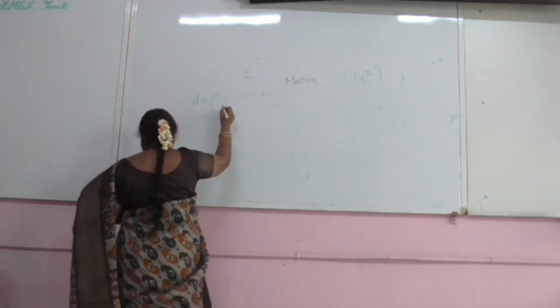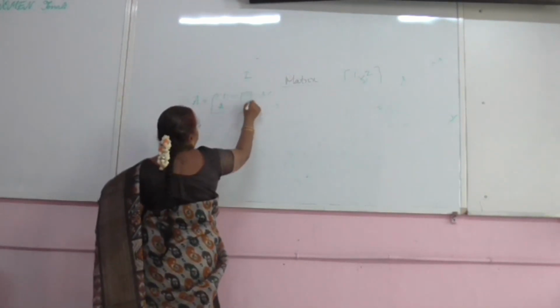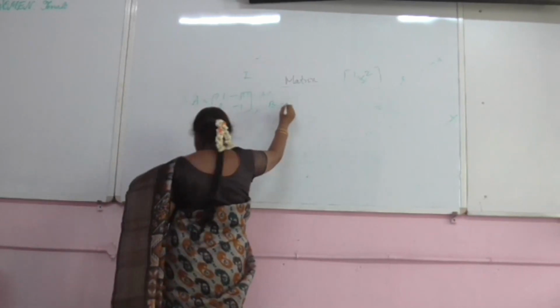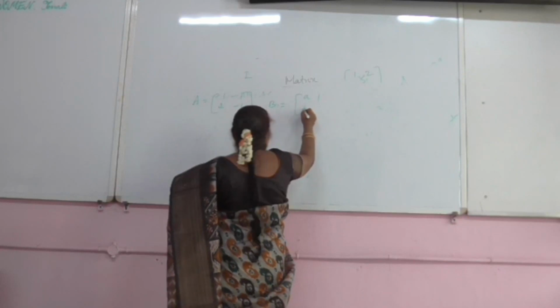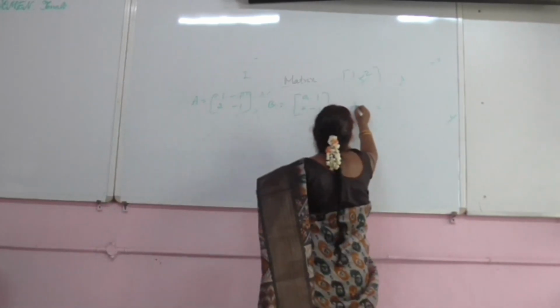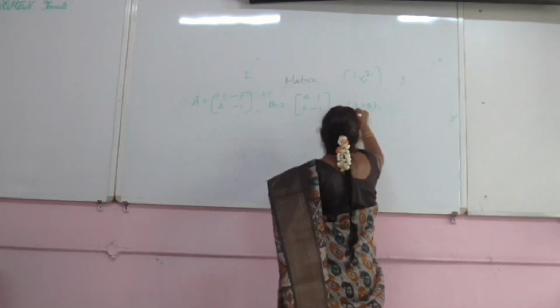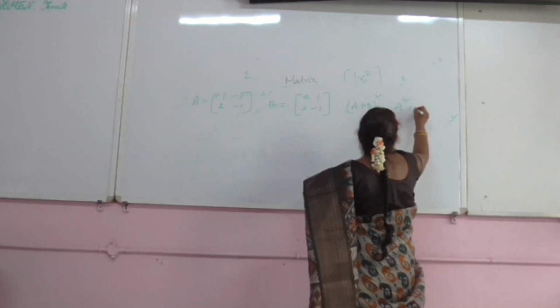Suppose capital A equal to [1, minus 1; 2, minus 1] and B equal to [a, 1; b, minus 1], and A plus B whole square equal to A square plus B square.